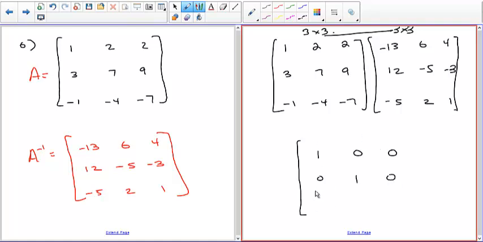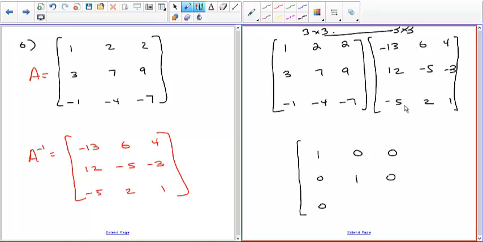Then I have this entry, so I'm going to take the third row, first column. So you have this times that, plus that times that, plus that times that. So that'll be 13 minus 48 plus 35. That's 0. Then I do the third row, second column.